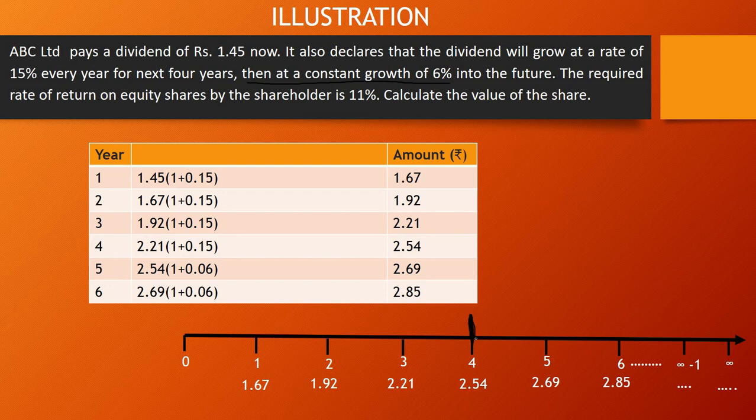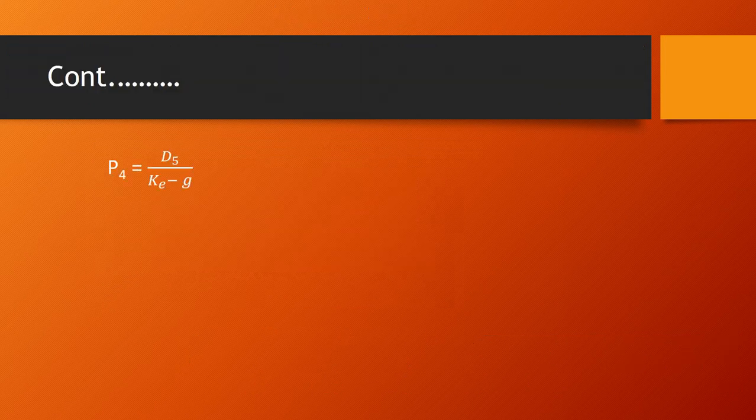That's why we are going to calculate P4. Now we have learned the formula P0 equals D1 upon KE minus G. As we have already discussed, for whatever year we are calculating the price, the dividend should be for the next year. So that's why, calculating P4, it should be D5 divided by KE minus G.